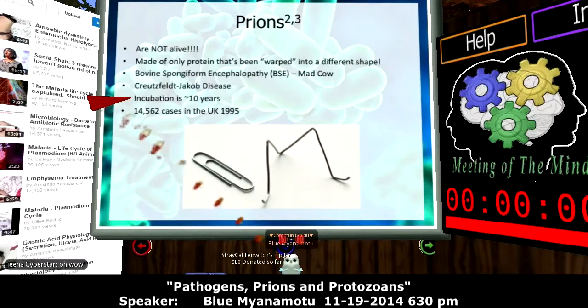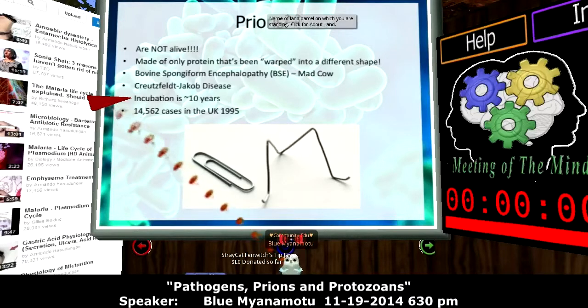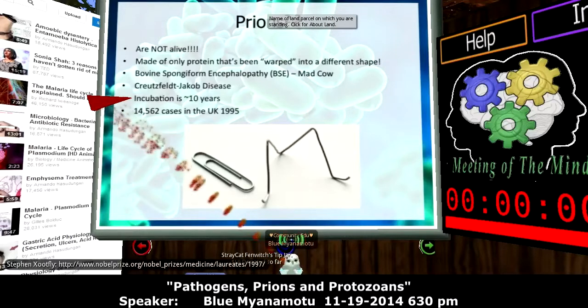There's a really interesting story about prions, and Stephen's going to wince at this, but he's actually going to read the book about prions by Prusiner, the scientist who discovered them. Before that, nobody believed that a disease could be caused by a protein. Everybody thought the smallest pathogen was a virus.